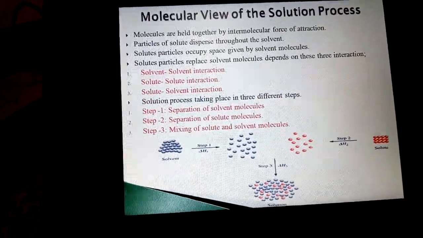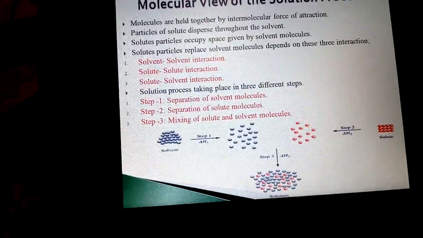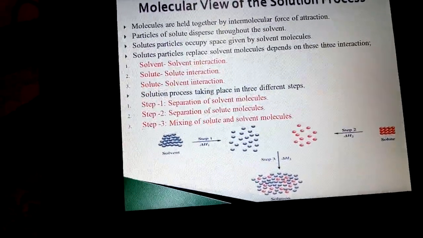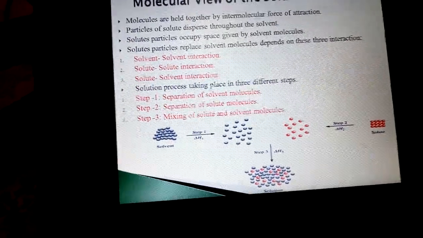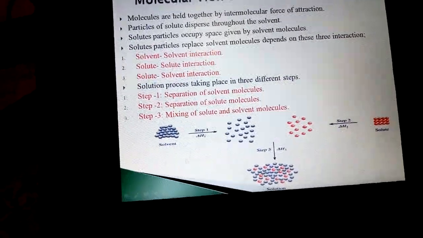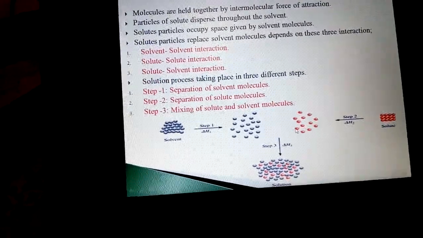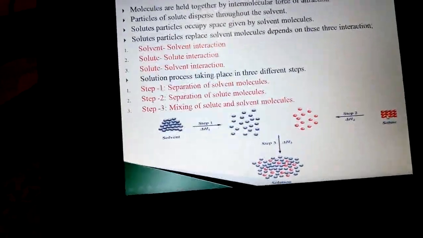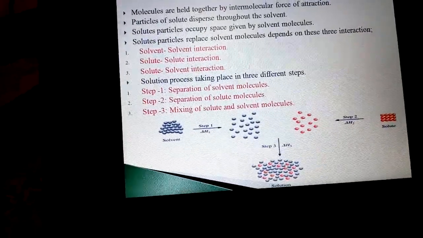And the third is the mixing of solute and solvent molecules, how sodium chloride mixes with the solvent molecules. In that picture, you can also visualize the solvent and the solute, where you can consider any solute like sugar or NaCl.